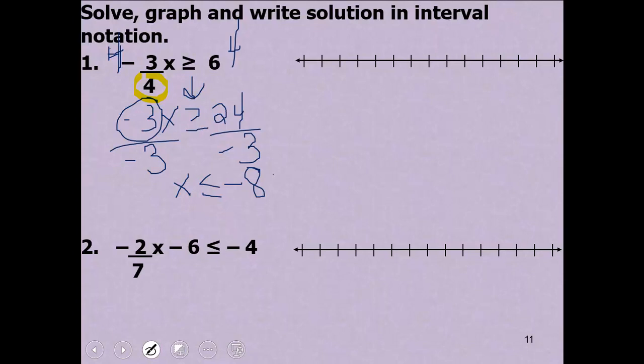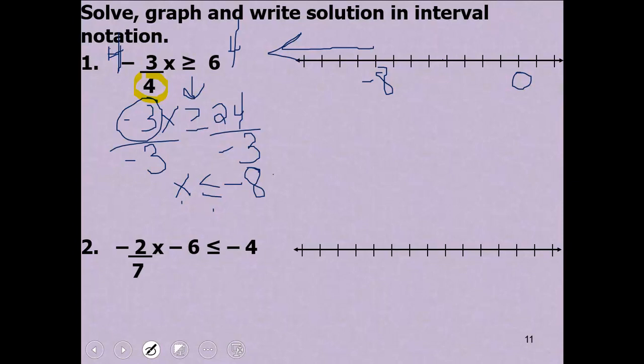So I'm going to start here at 0, and I'm going to find my negative 8. 1, 2, 3, 4, 5, 6, 7, 8. Here's negative 8. This inequality symbol says I must use a bracket. Everything to the left must be included because my variable is to the left and my inequality is pointing to the left.